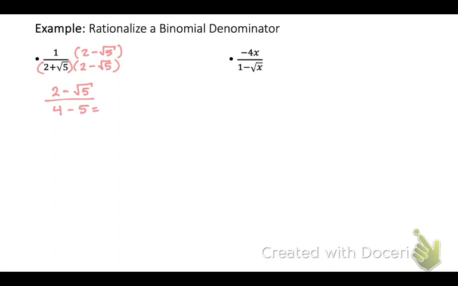So instead of writing it over -1, we go negative 2 minus the square root of 5. Or you can distribute the negative and write it as the square root of 5 minus 2. Why did that change?